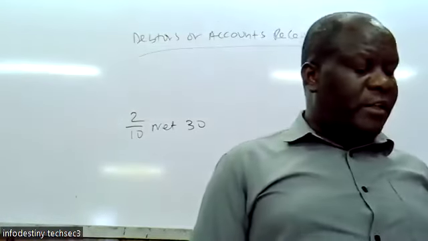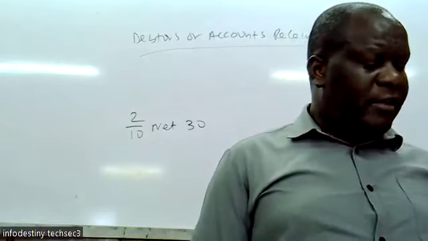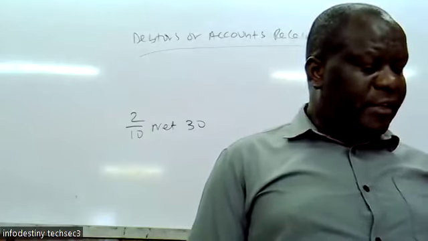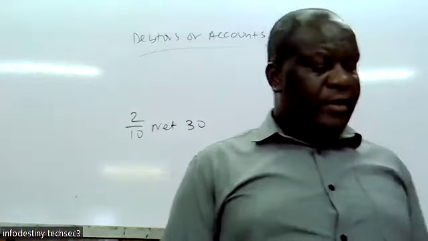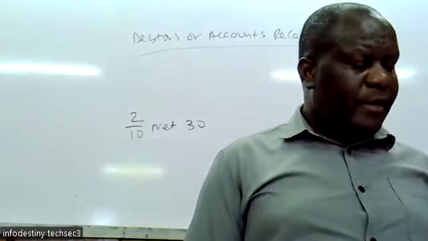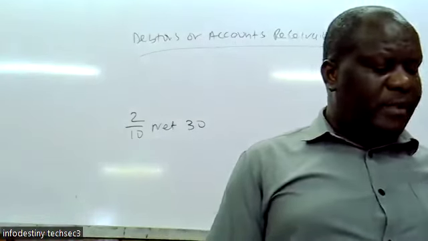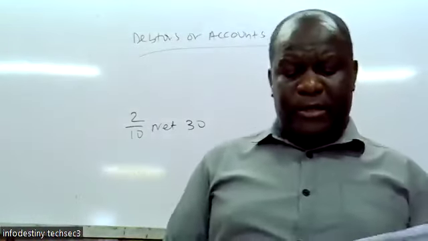So A is the lenient or liberal credit policy. So under this policy, lenient terms are given for a longer period. This will lead to increase in the company sales volume and also increase in the bad debts expenses.